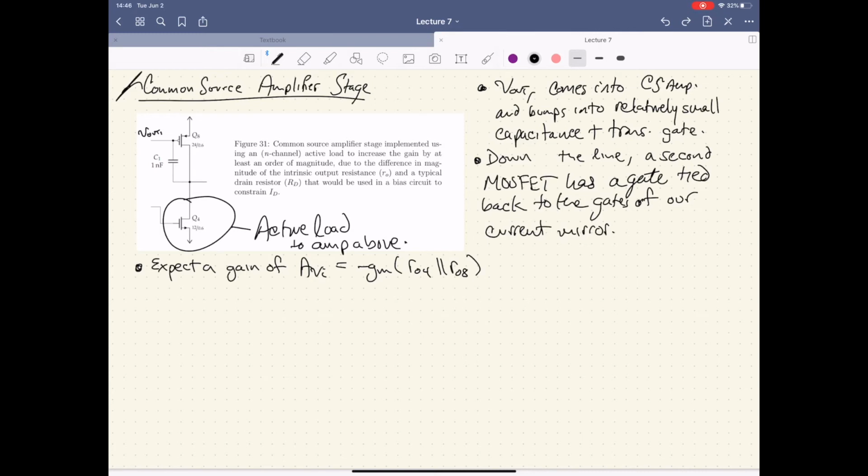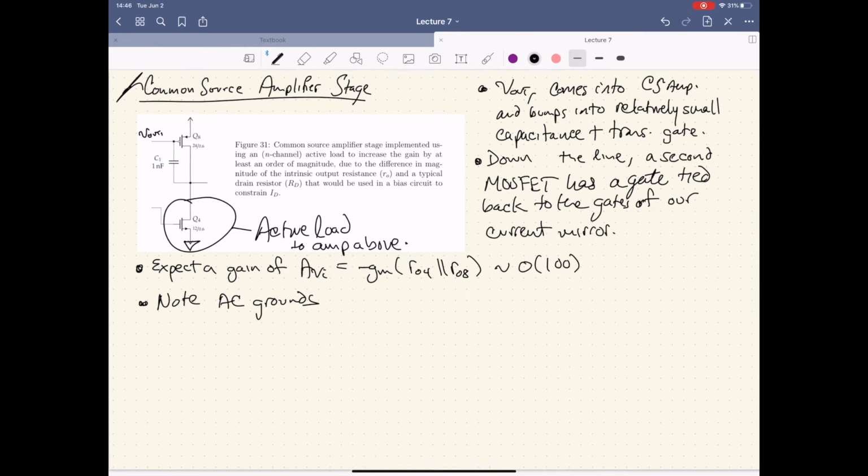So this is typically on the order of about 100. So altogether, we should note real quick that our AC grounds, in case you haven't been paying attention the last couple lectures, these guys act as AC grounds here and here, right?